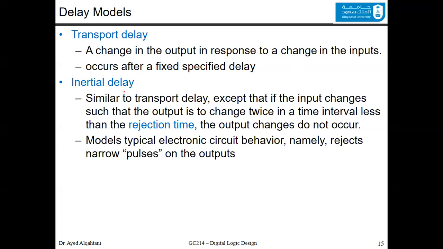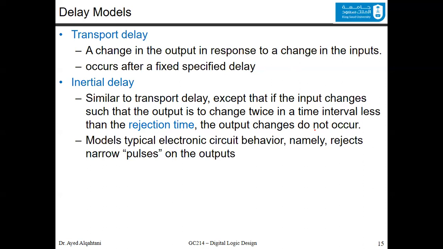The inertial delay is similar to the transport delay, except that if the input changes such that the output is to change twice, meaning you have movement from low to high or high to low in a time interval less than a specific period of time that we call rejection time, then the output changes do not occur.